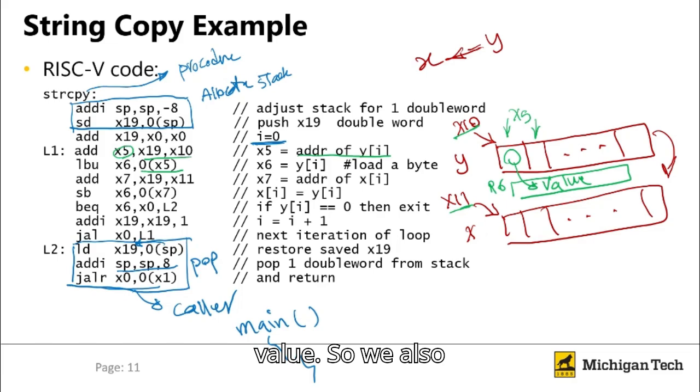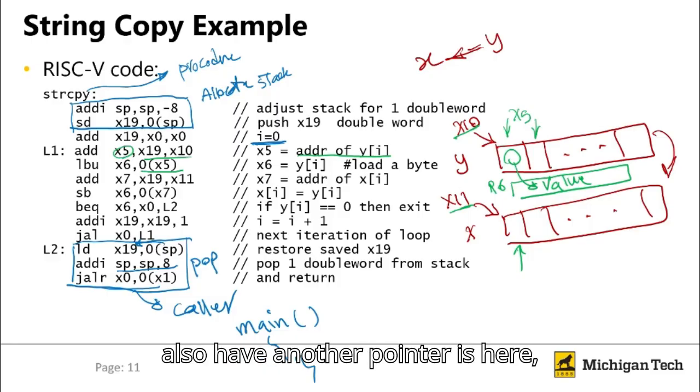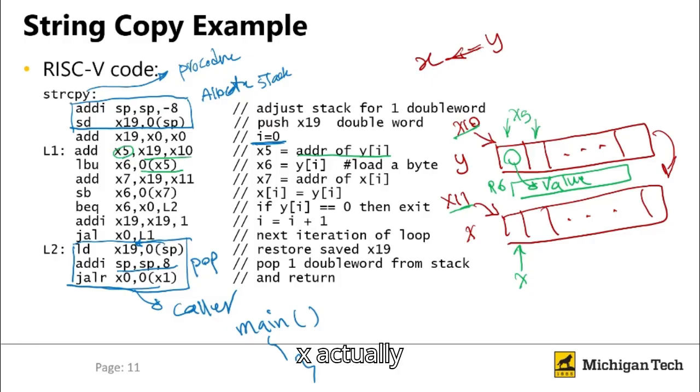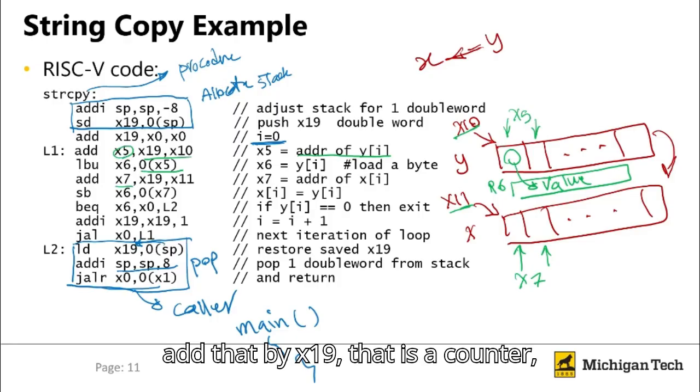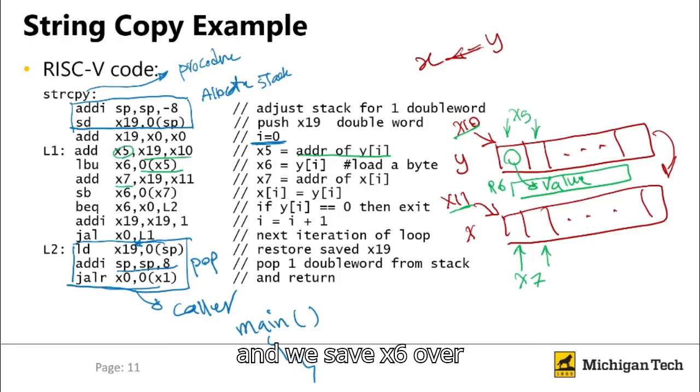So we also have another pointer, x7 actually, to point to different characters in the x array. So we add that by x19, that is a counter, and we save x6 over there.